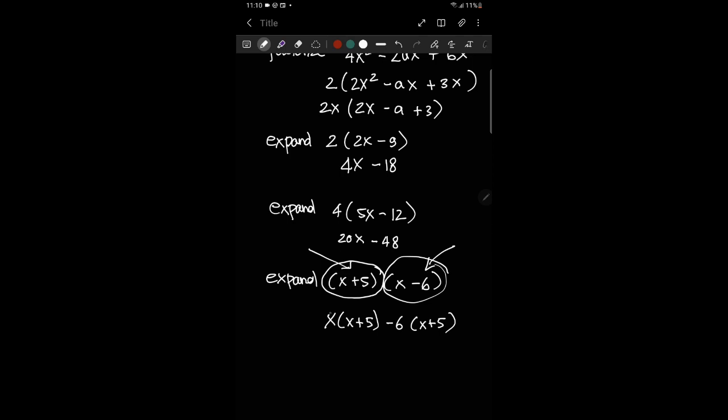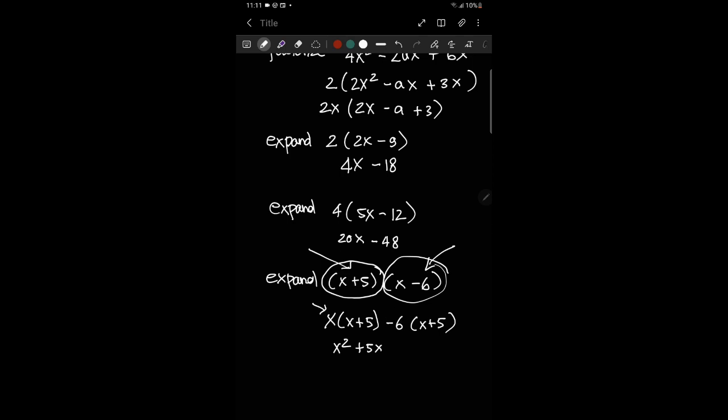And then after that, look again. It looks like this is the factor taken out from this expression. So I need to expand it again, right? I need to multiply. I need to give the x back to the x plus 5. So it becomes what? X times x becomes x squared. X times 5 is plus 5x, right? The same thing here.